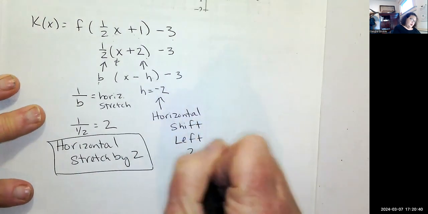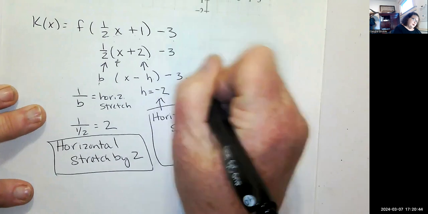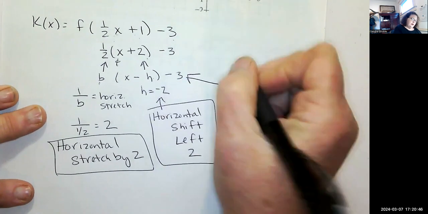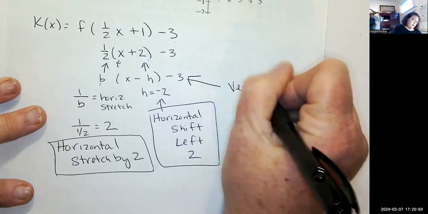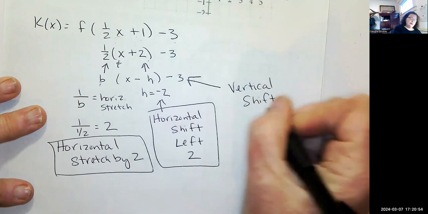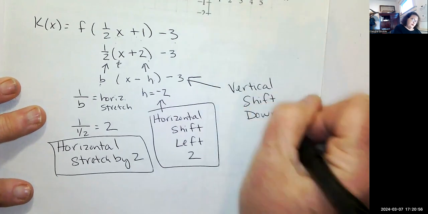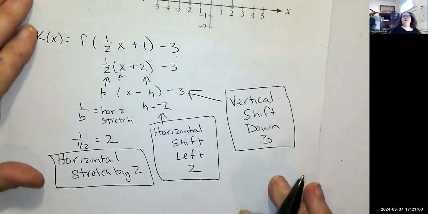And the last thing we're going to do is this -3. This is a vertical shift, and it's negative, so down 3. And that's what we're going to do to this little critter.